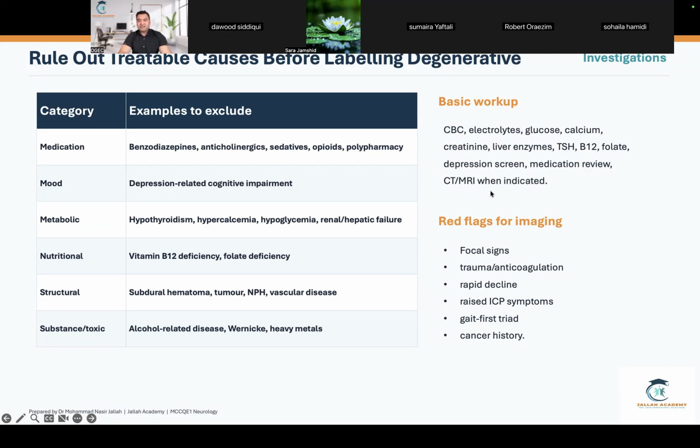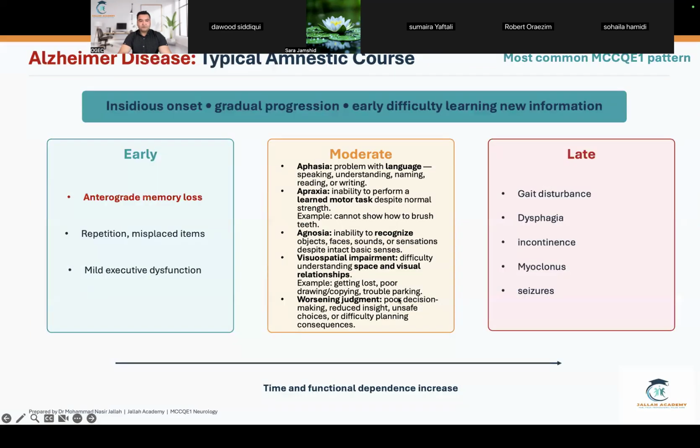We don't do CT and MRI for everybody, only when it is indicated. Red flags for imaging: focal signs, trauma, anticoagulation, rapid decline, raised intracranial pressure, the gait-first triad, and cancer history.